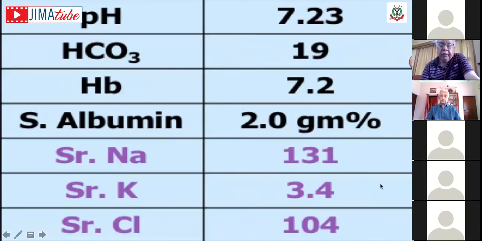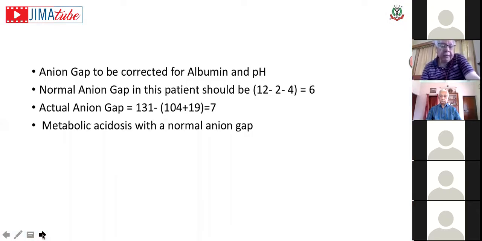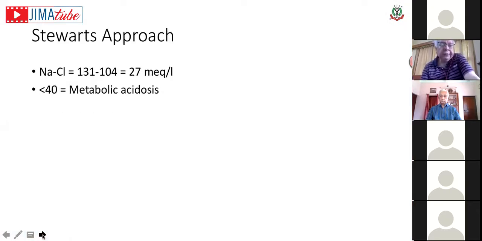If it is more than 40, the patient has metabolic alkalosis. Whatever else are the values, this is called the strong ion gap theory. So 131 minus 104 is 27. So this patient has metabolic acidosis just by looking at sodium and chloride. This patient has metabolic acidosis, less than 40.